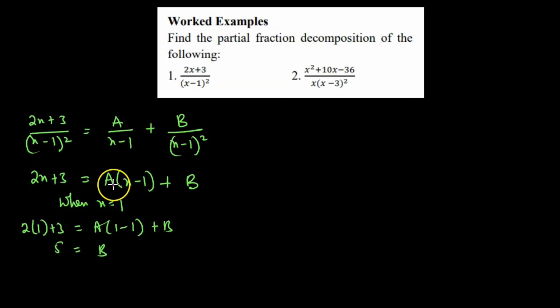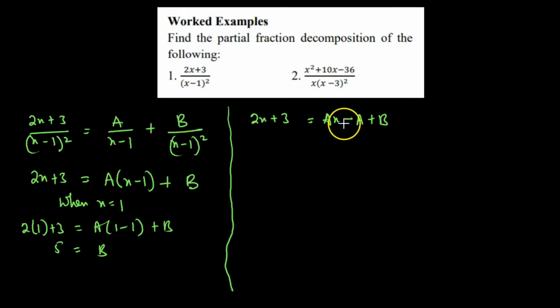But now it's left for us to find the value of a. We can use the trial and error method again. So that brings on board the other idea of expansion, simplification and comparing. So we have the left hand side as 2x plus 3 equal to the right hand side ax minus a, then plus b. So in this case, you compare the coefficients.